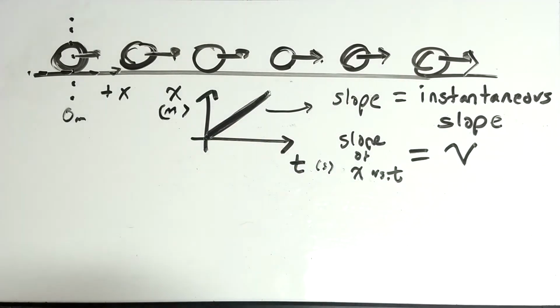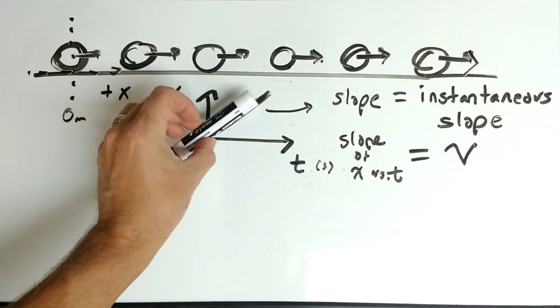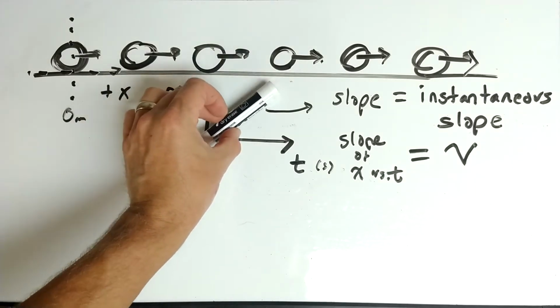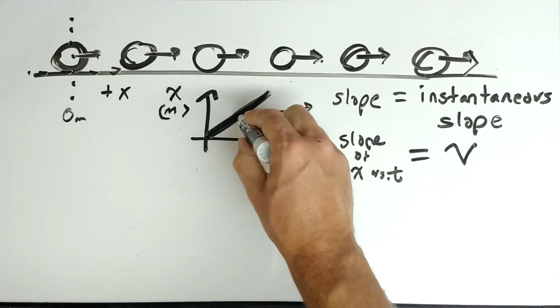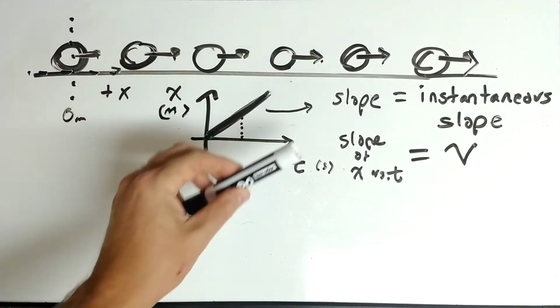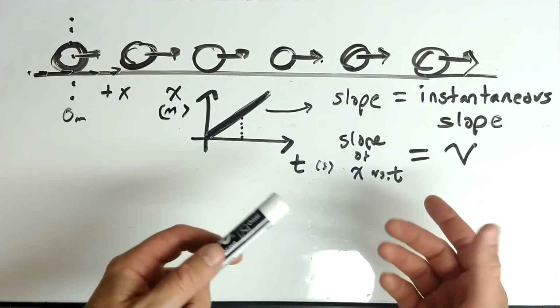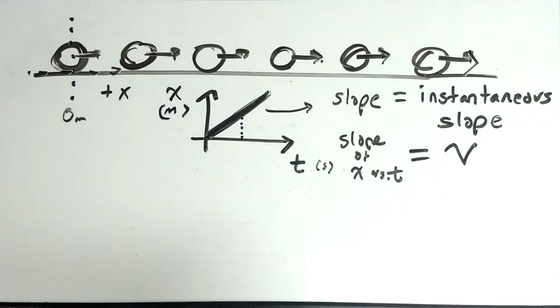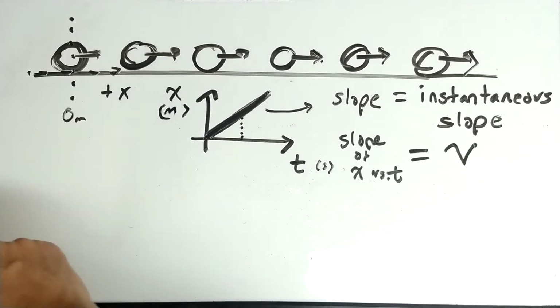And again, when I use my slopometer, sometimes I'm figuring out the slope of the line exactly at some time. So if I want to figure out what its velocity was halfway through its motion, I have to know the slope of the line halfway through its motion. In this case, it's just a constant slope, so there's no difference. It's the same as it is for the whole range of motion.